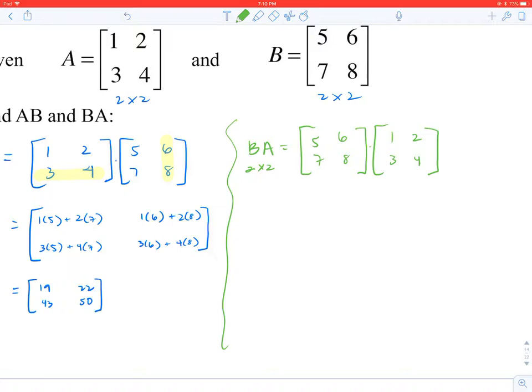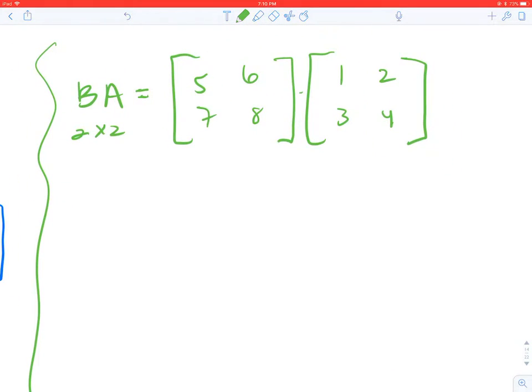It won't always happen that A times B is the same dimensions as B times A. It's just because we're multiplying two square matrices. And just because A times B exists does not mean that B times A exists. It's totally dependent on the dimensions of each matrix. So we'll have another 2 by 2.